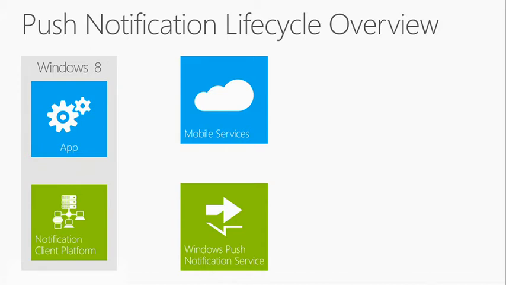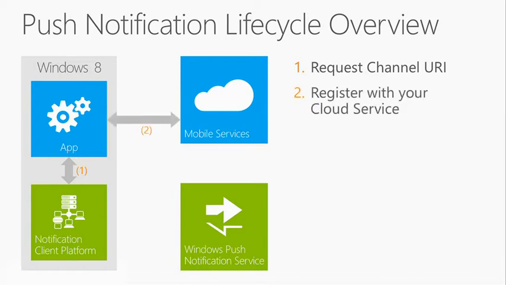And as devs, we need to know how the interfaces work between the blue and the green boxes. So it's a 3-step process. The first thing we do is we request a channel URI. To do this, we call into the WinRT API, get a channel, take that channel, and pass it back up to our cloud service. Now, to send a push notification, there's a number of ways you can do this. You could do it event-based like we did in the demo this morning, or you could use the Windows Azure Scheduler to do something on a time basis, because it's not always appropriate to send a notification on, say, an insert or an update.